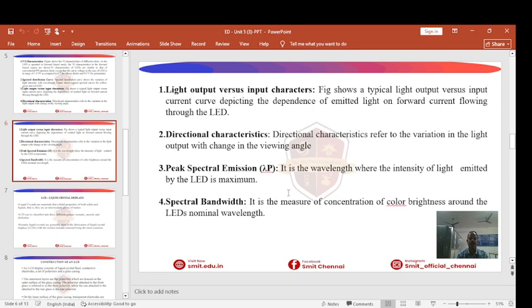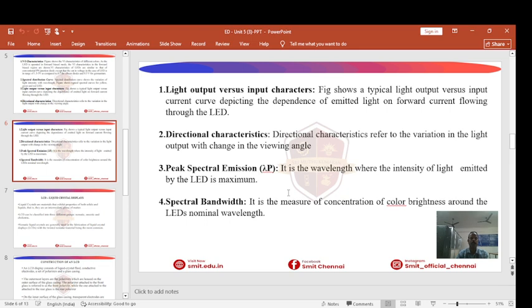They have widespread use because of their advantages: efficiency, low power consumption, long life and reliability, compactness, and high switching speed. So these features make LEDs very suitable for all these applications.